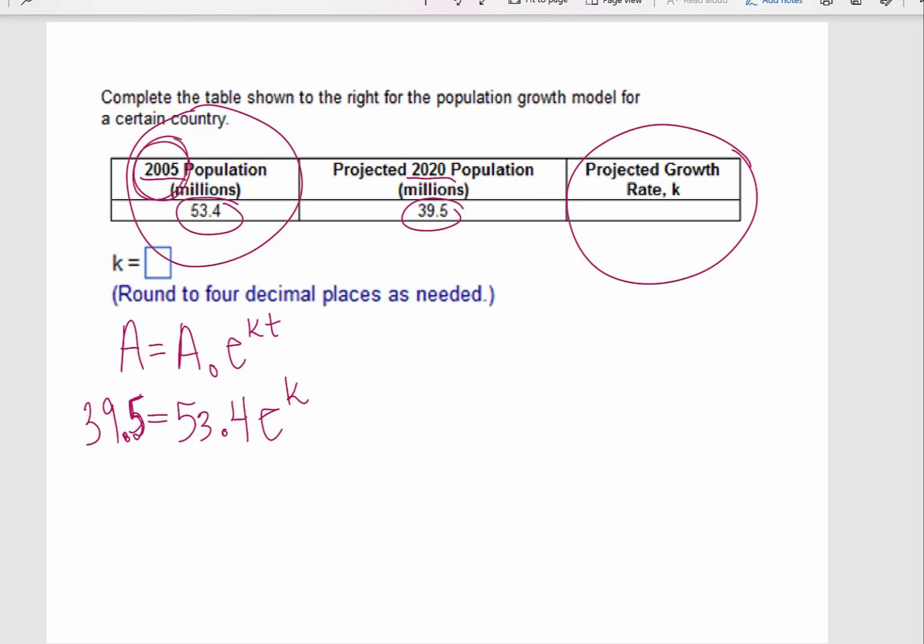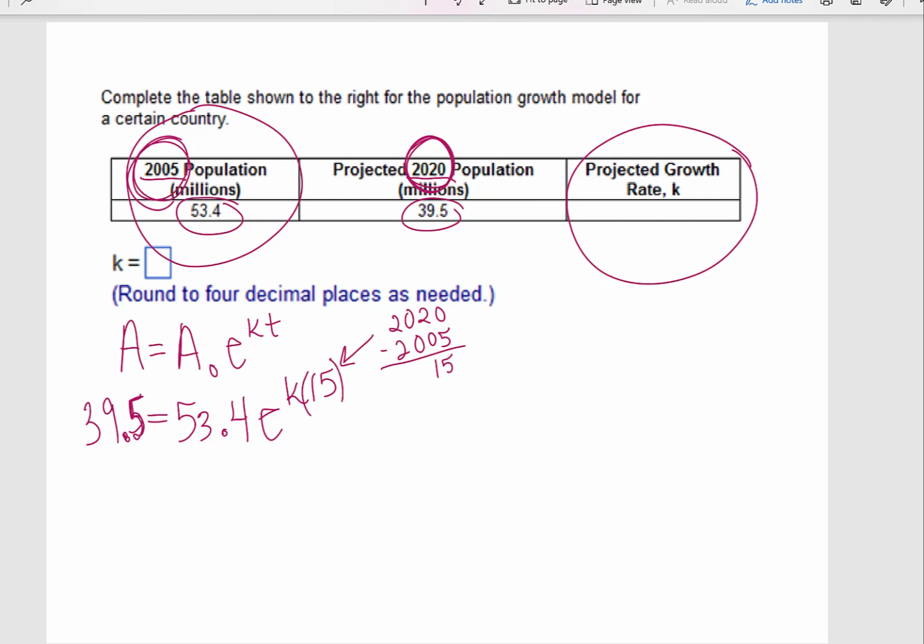Well, we started in 2005, and now the 39.5 million is for 2020, right? So how much time has passed? 15 years. Okay, so that's where we get that 15 from.